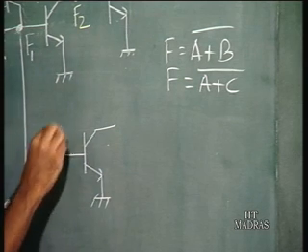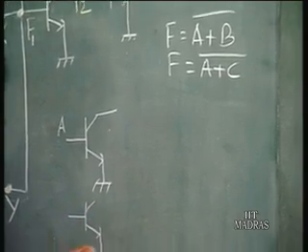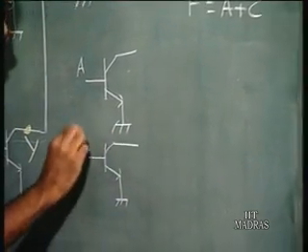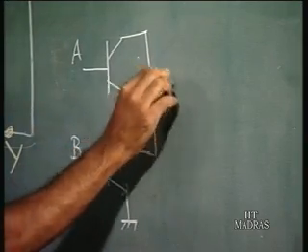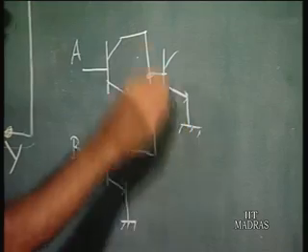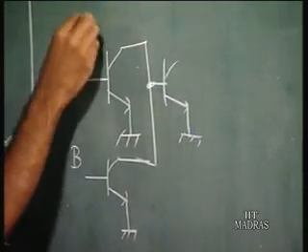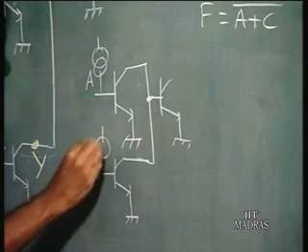You have again A, B, the two inputs. You just short them. Of course, it is going to the base of some other cell. I am not drawing the PNP, I am just drawing them as current sources here.